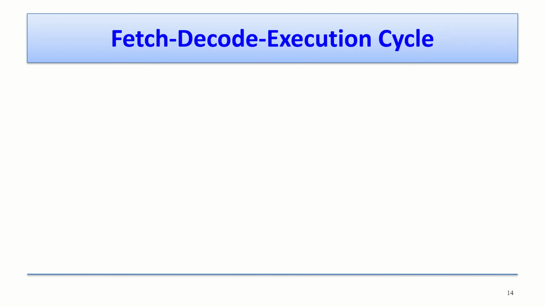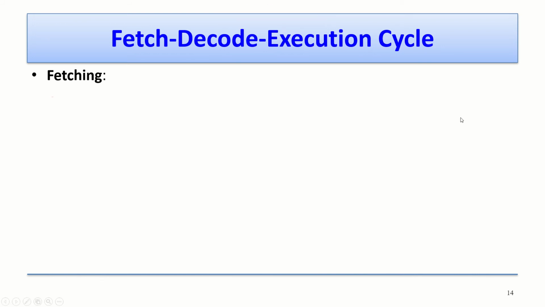I told you that the control unit coordinates the fetch, decode, execute life cycle. So what is the fetch, decode, execute life cycle? Let's see. The first one is fetch. What is meant by fetch?